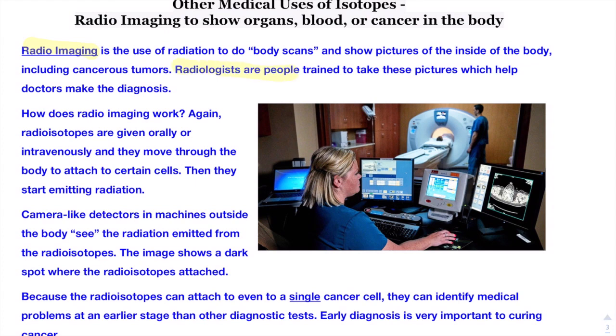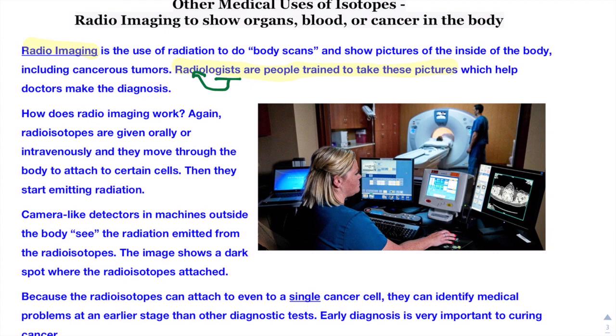Radiologists are people trained to take these pictures, which help doctors make the diagnosis. So that ist suffix always means a person, so it's a person who does radiology. So a radiologist is a person who's trained to take the pictures.